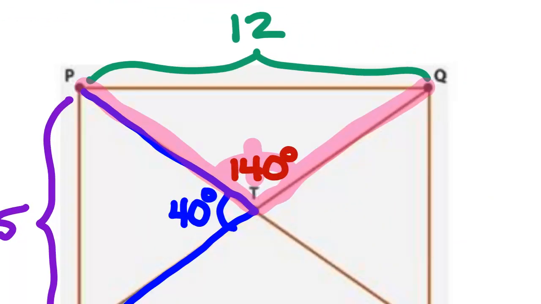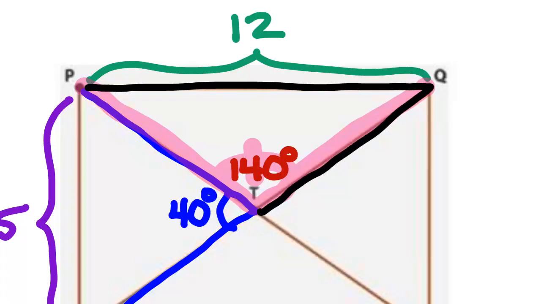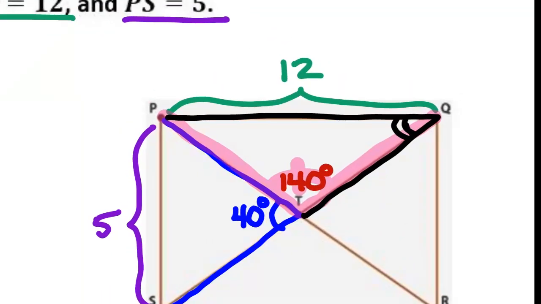We need PQT. Let's look up here. I'm running out of colors. PQT. That would be this angle right here. What do the diagonals do in a rectangle? What do the diagonals do to each other? They bisect each other. What else is true about the diagonals in a rectangle? Yes, the two diagonals are congruent, so all 4 little segments are congruent.